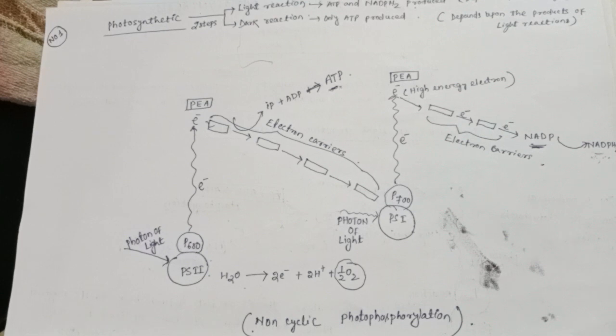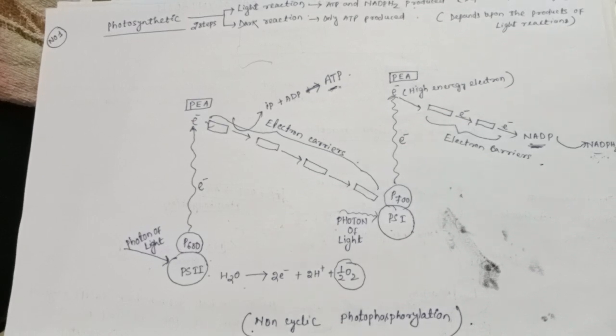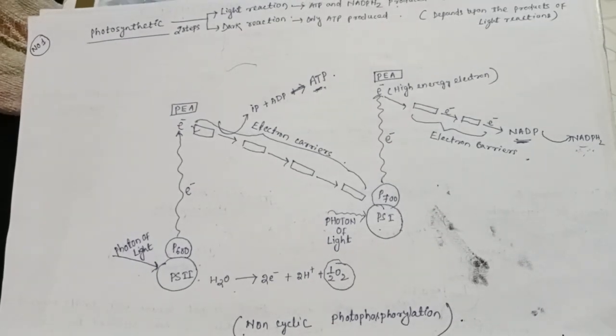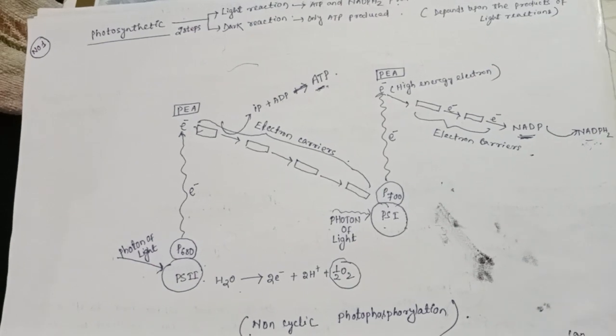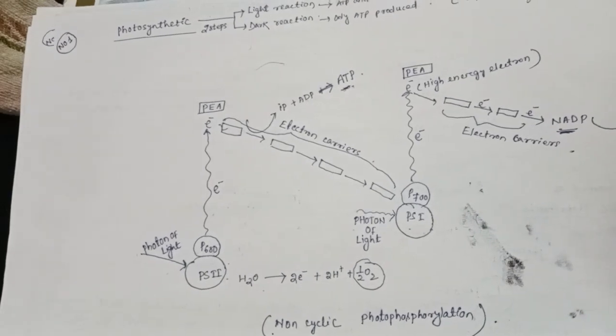In that case, in the thylakoid membrane during the light reaction, another pathway is seen, which is named the cyclic pathway. Let us discuss the cyclic pathway in brief.